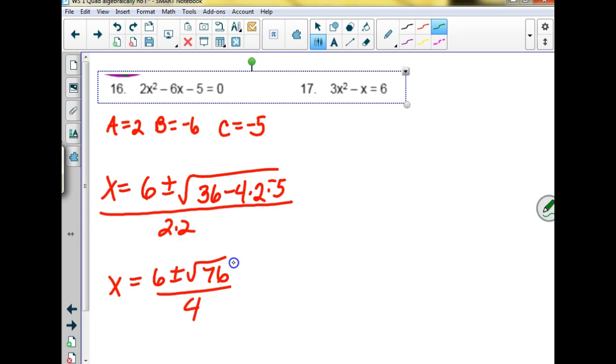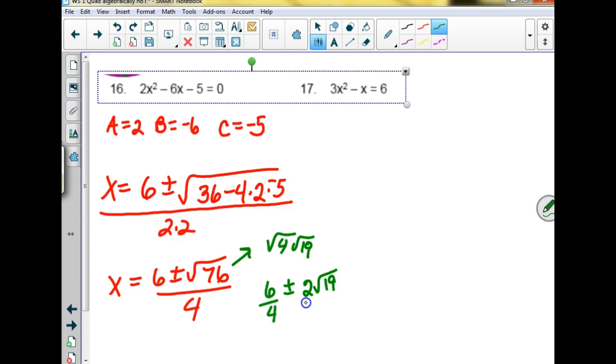Now, 76. Does 4 go in there, guys? So we have square root of 4 and square root of 19. Good, because 19 doesn't break down. All right. So we're going to have 6 plus or minus, how do we simplify that? 2 and square root of 19.